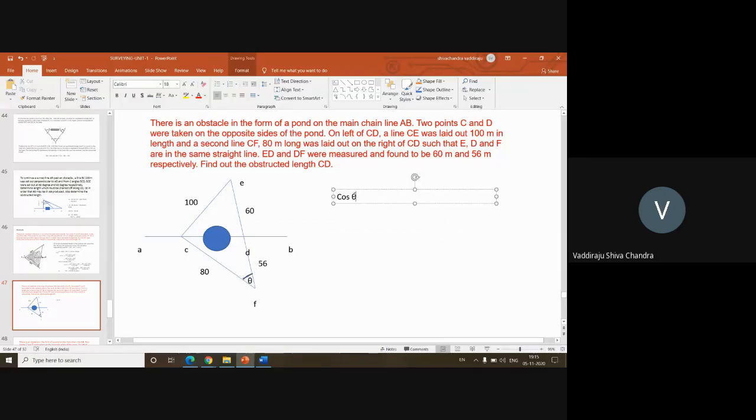From this figure, from triangle FCE, cos theta is equal to, as per your cosine rule, what is the equation?